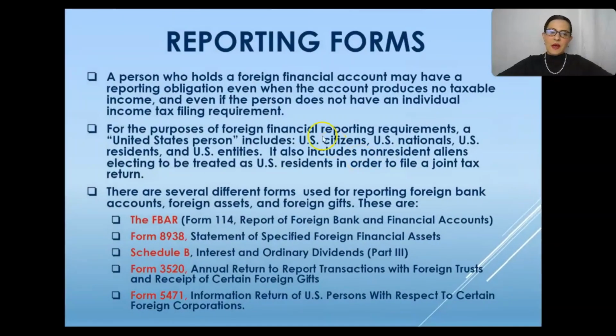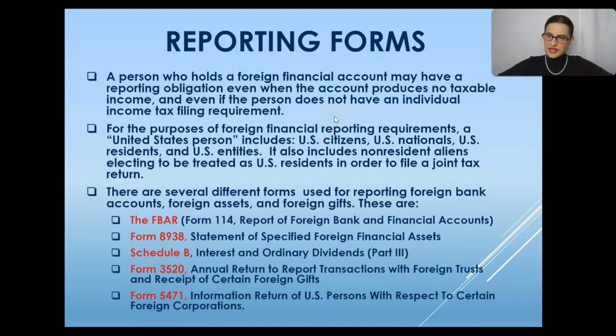A person who holds a foreign financial account may have a reporting obligation even when the account produces no taxable income, and even if the person does not have an individual income tax filing requirement. I want you to understand this. These requirements for foreign financial reporting are not tied to income tax reporting.